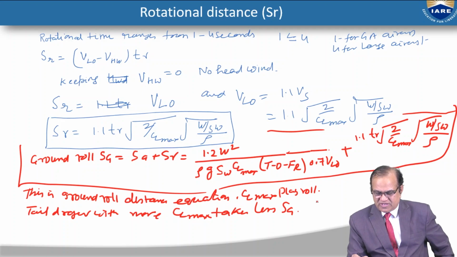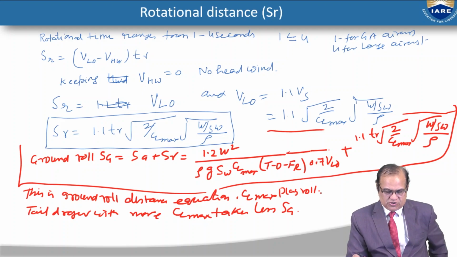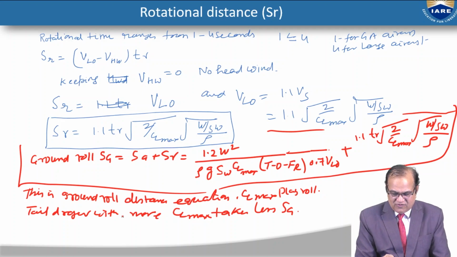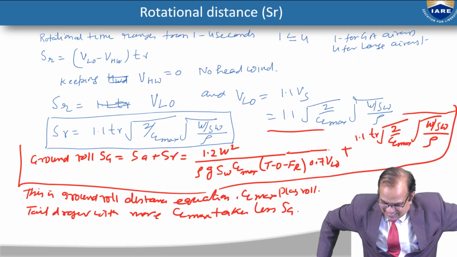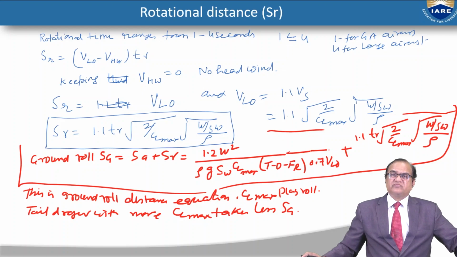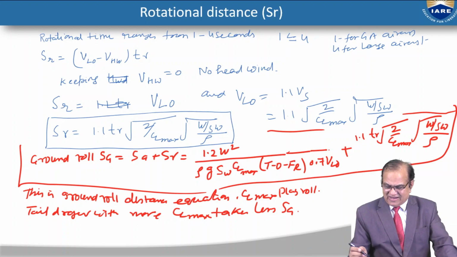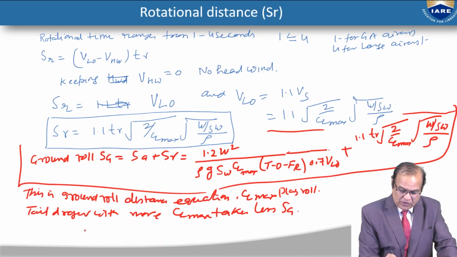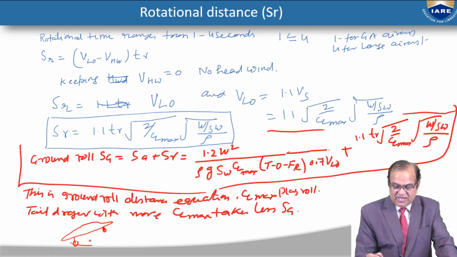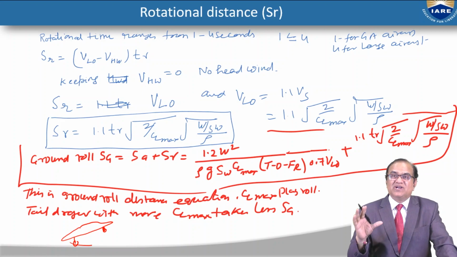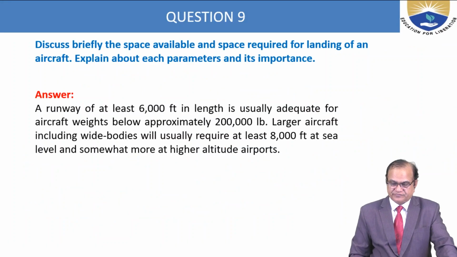For CL maximum, a tail dragger aircraft will have more CL maximum and take less SG. Like this is the tail dragger aircraft; CL maximum is more, it will take less distance.